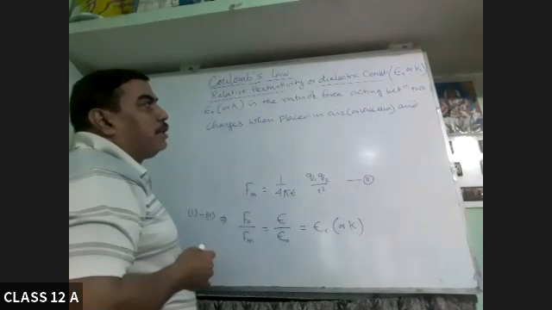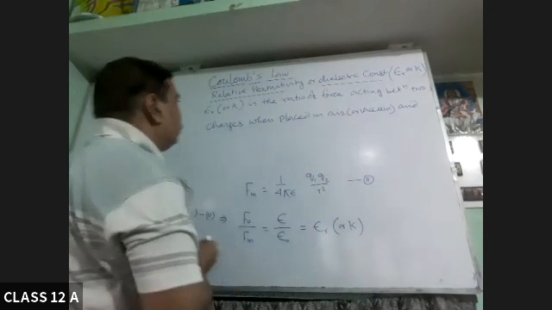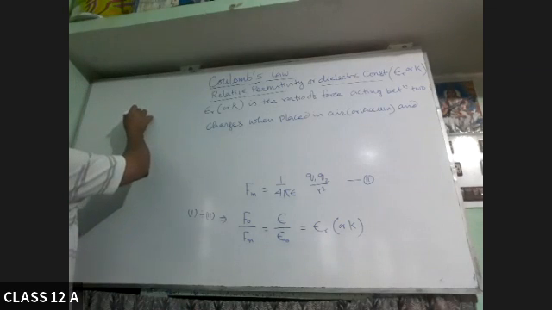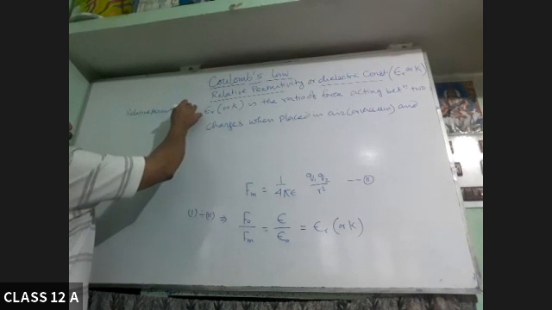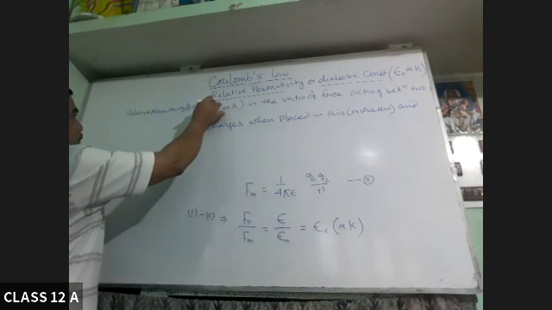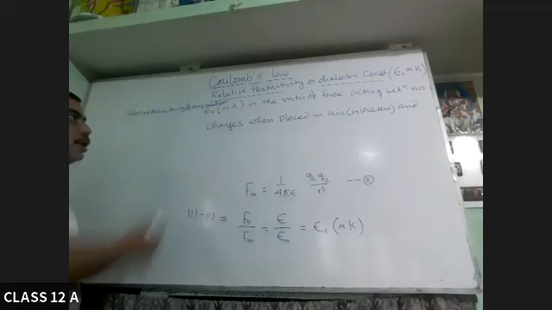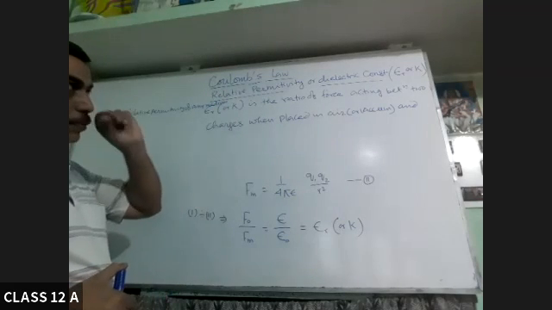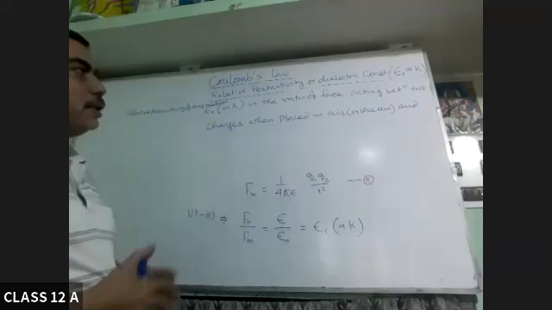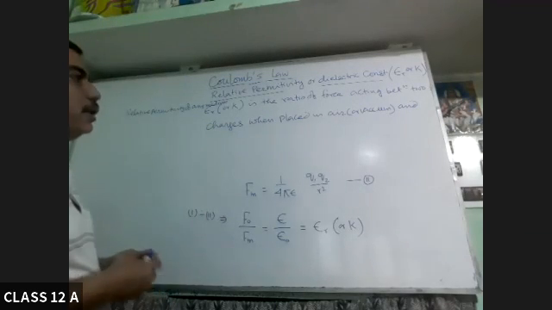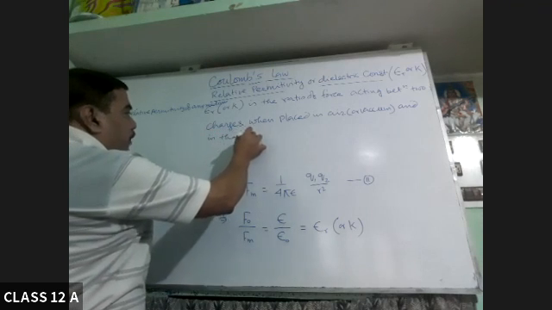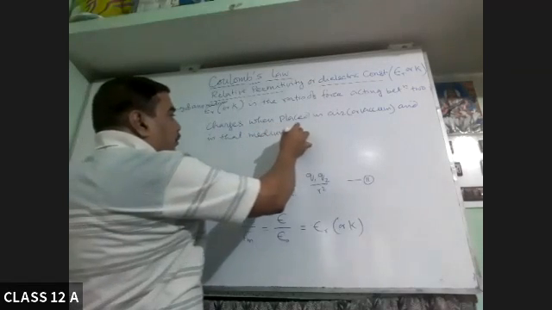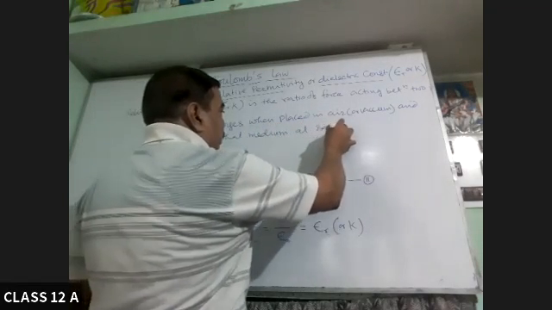This relative permittivity will be of any medium. So you can write like this: relative permittivity of any medium, because it will change with medium, epsilon r or k, is the ratio of force experienced or acting between two charges when placed in air and in that medium at the same distance.